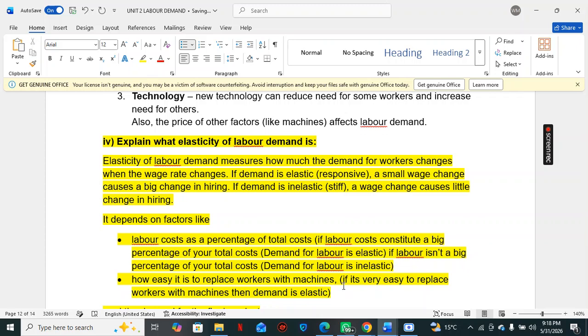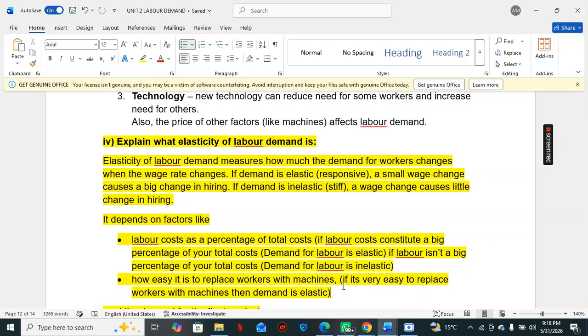Meaning if the wage rate increases by 1%, you as a company can just say, okay, let's lay off some workers and buy more machines.